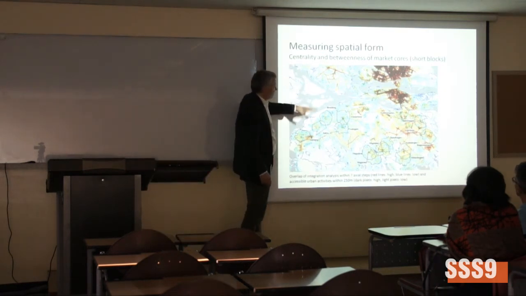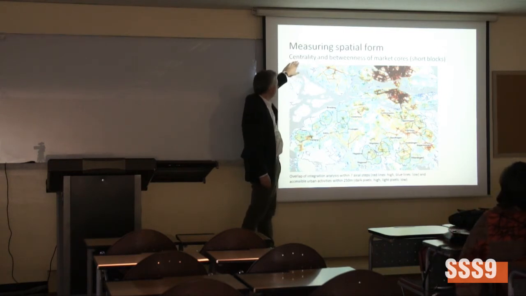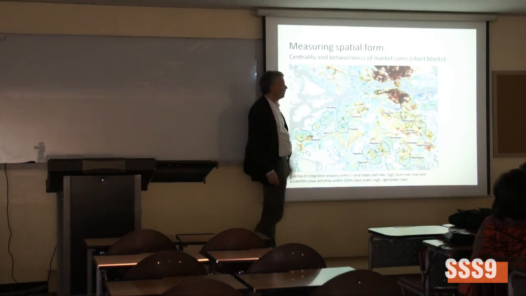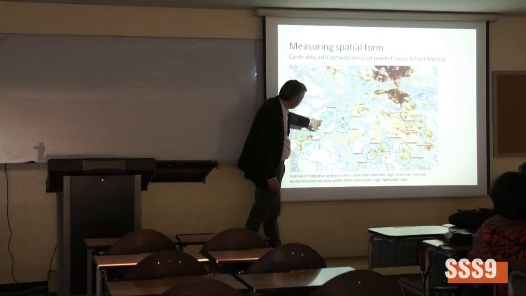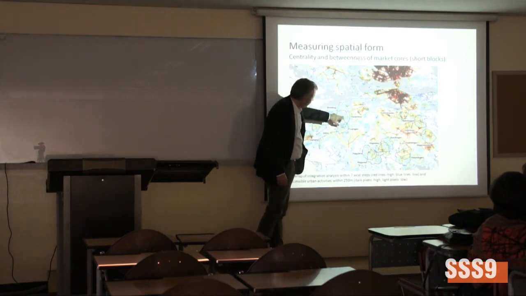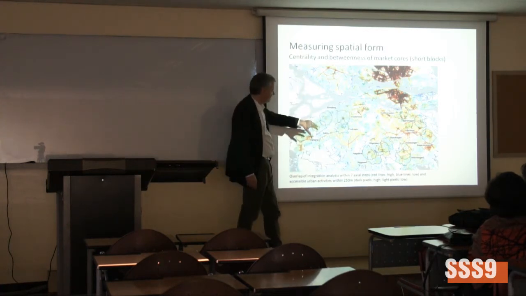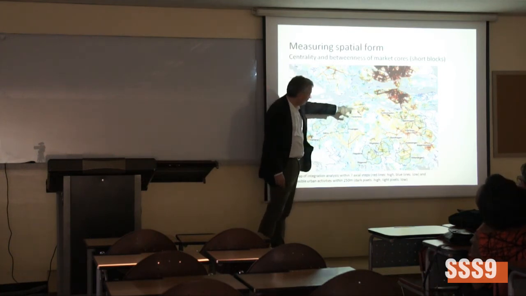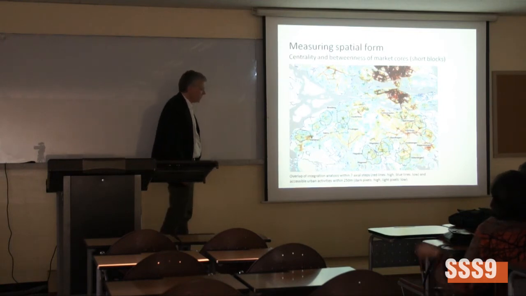Then just to show some of the analysis we've done, I will not show all of them. The centrality and betweenness of market force, which would then represent short blocks. The gray dots here are simply the shops, the actual shops put in geographically, and overlaying that with the axial integration, in this case, 7 action steps.